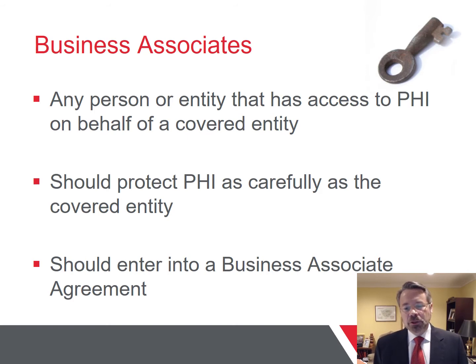A business associate is required, under the current regulations, to protect PHI as carefully as you do as a covered entity. And if they subcontract, their subcontractor must also protect that PHI.